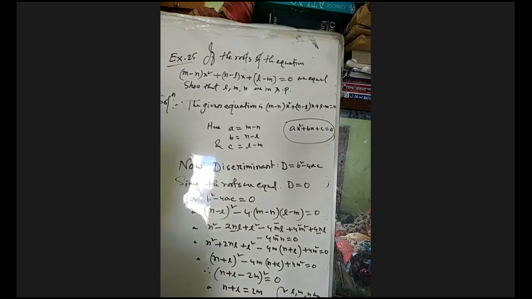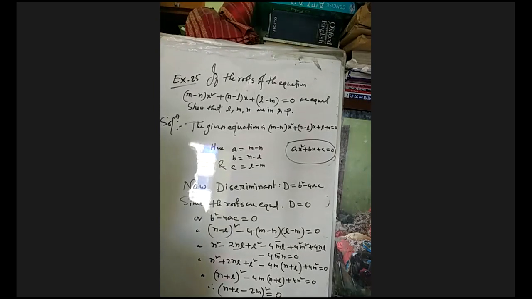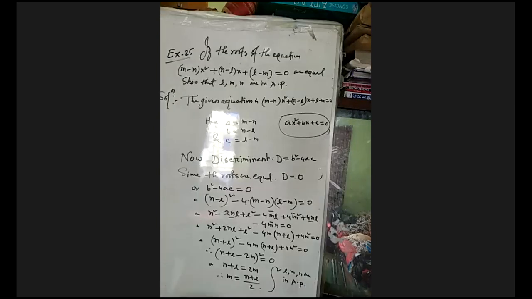So I hope if you do practice, you can solve easily. Because the roots of the equations are equal, this is why the discriminant equals 0.